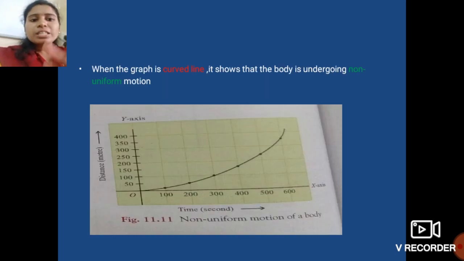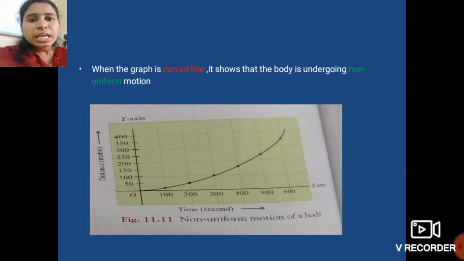Suppose you get a curved line graph, not a straight line graph. What will you say? When the graph is a curved line, it shows that the body is undergoing non-uniform motion. Whenever we get the curved line graph, we can say that the motion of that body is non-uniform motion, because the speed is not constant over there.